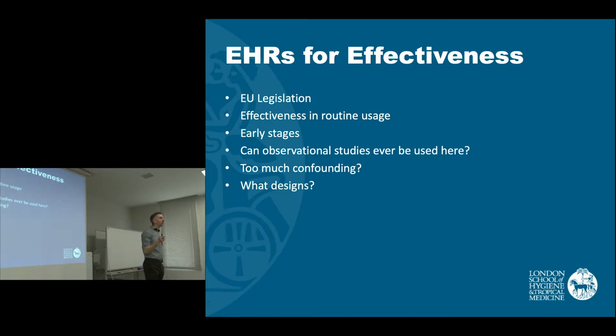Whether or not we can rely on observational data to do this is an unanswered question, and whether or not there's too much confounding in observational data is uncertain. If it's possible for us ever to do this, it might be in quite limited circumstances. I don't think there's ever going to be a wholesale move to investigating effectiveness in routine care data, but we're still trying to decide if and when we might do it at all.